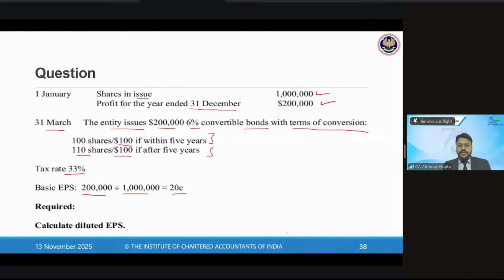Do you want to try once? I hope your calculators are ready. And the question is very simple. So just try what you are logically able to come up with, and then we will see what the standard is saying.